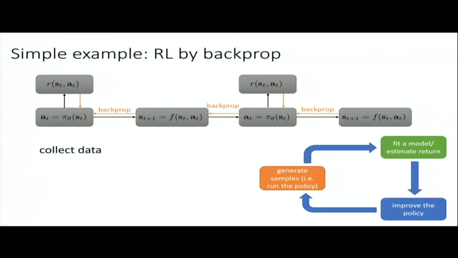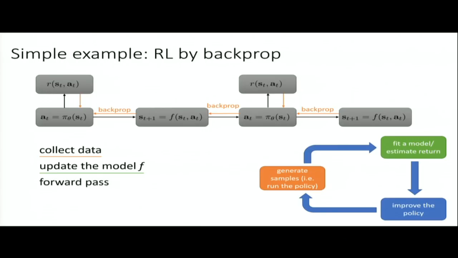So one of the things you need to do in order to use this little toy algorithm is collect the data. So collecting the data, obviously, is the orange box. That's your sample generation. Then you have to update this model F. So you need to make sure that this thing actually models the transitions in the real world. So this is the green box, right? Fit a model, estimate the return.